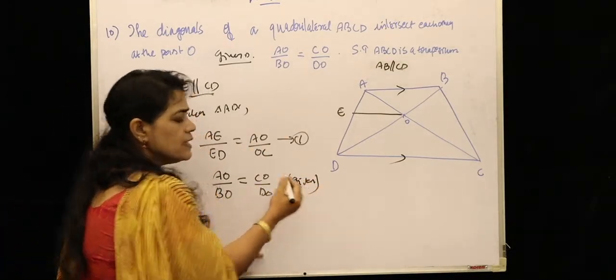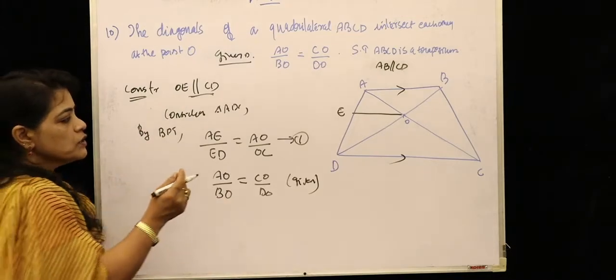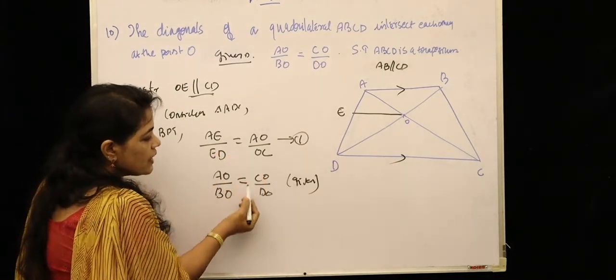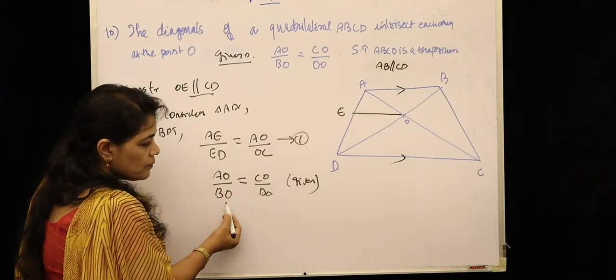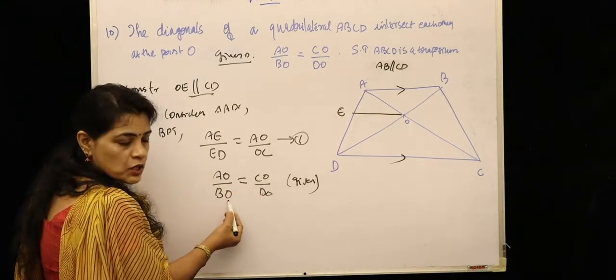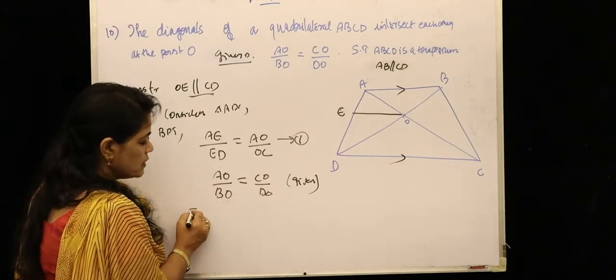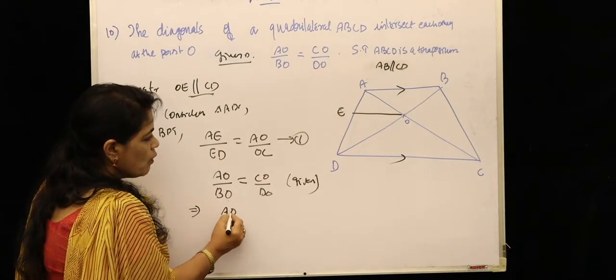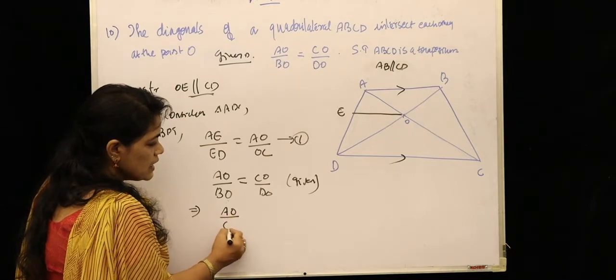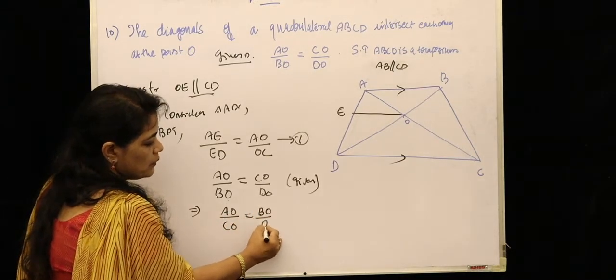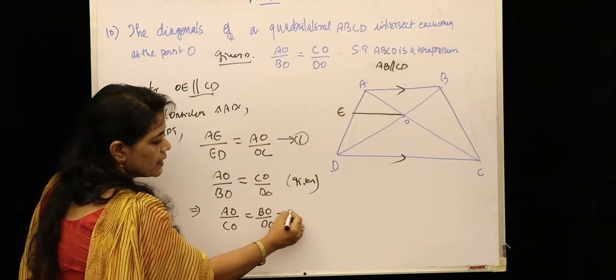See, I am making a simple rearrangement in order to suit equation number 1. See children, if you write this as AO by CO, then BO will automatically go to the RHS in the numerator. Implies AO by CO equal to BO by DO. I just made a rearrangement.